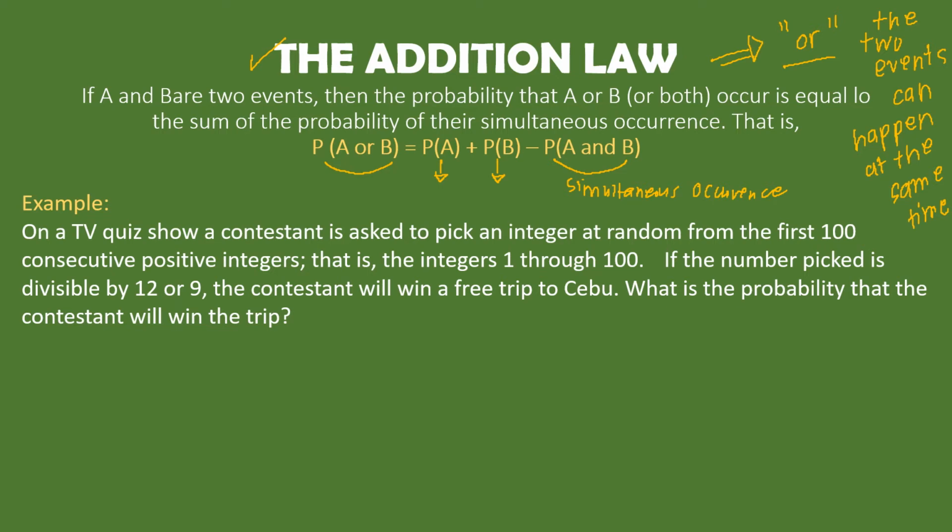So there is a card that is a 3 and a heart at the same time. Okay, that is what we mean by simultaneous occurrence. So let's try applying this law using this example.